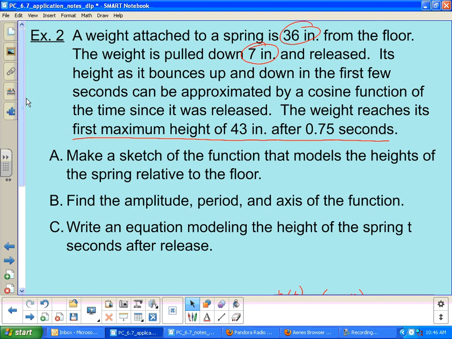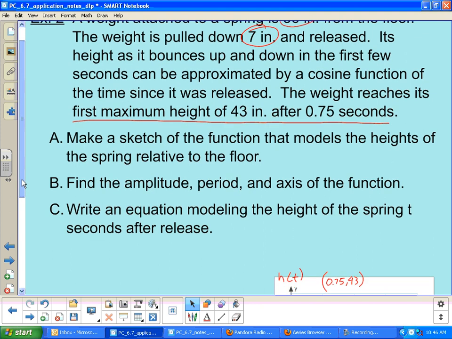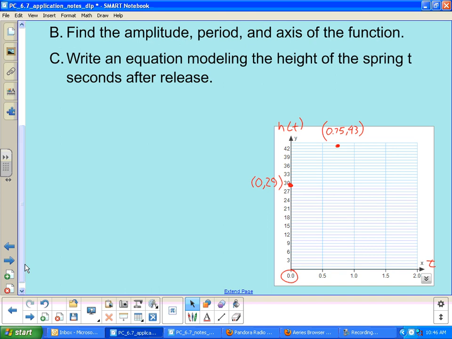All right, so look at the curve. There's the curve. What kind of a function is it? A negative cosine. Why is it a negative cosine?